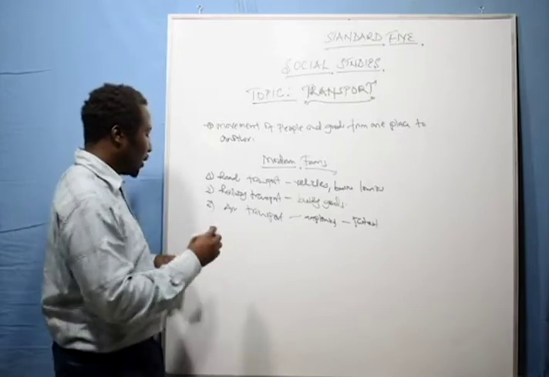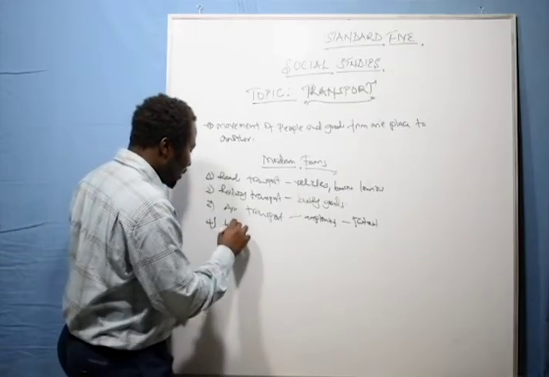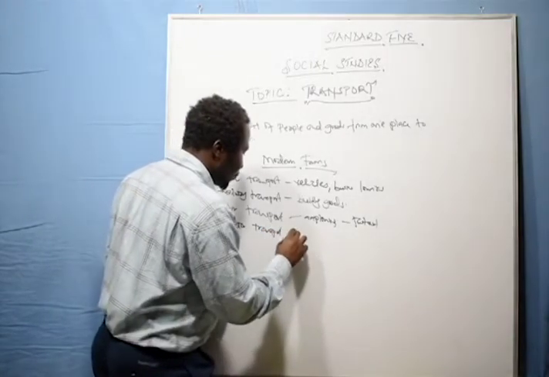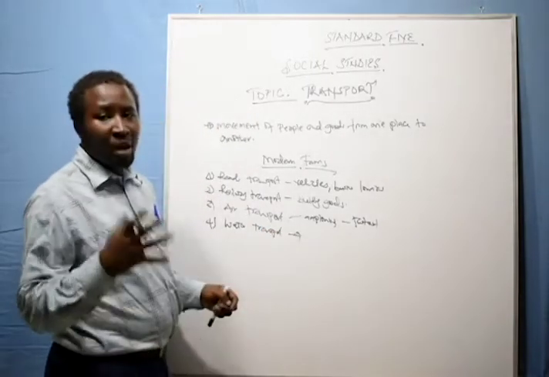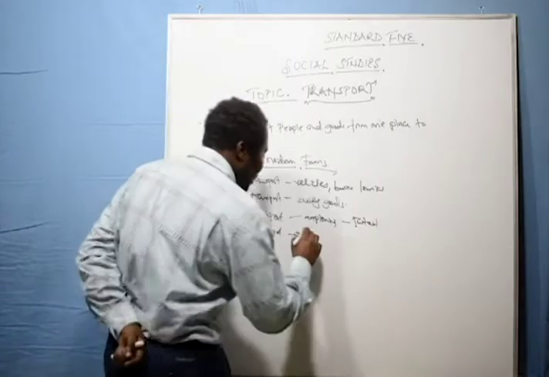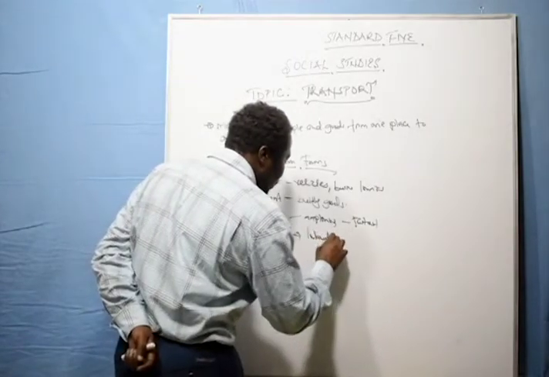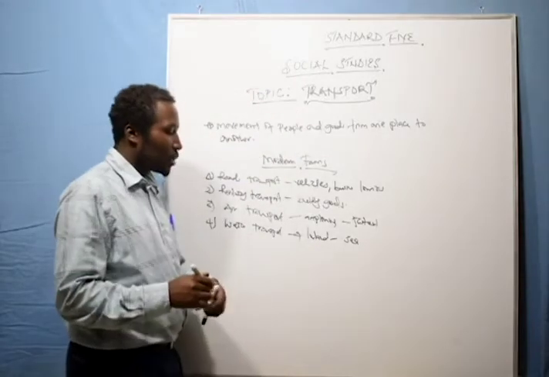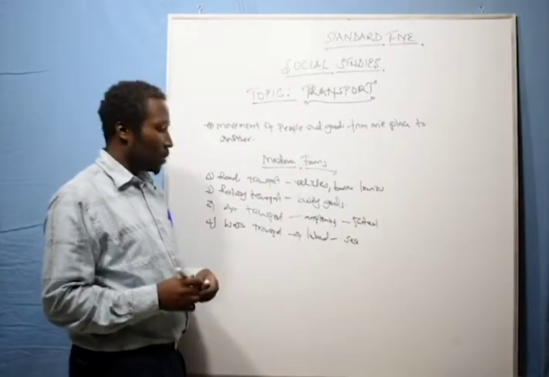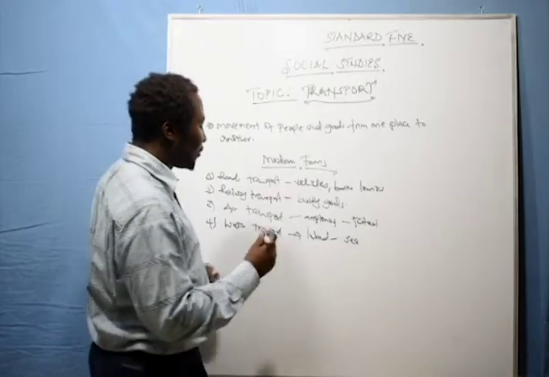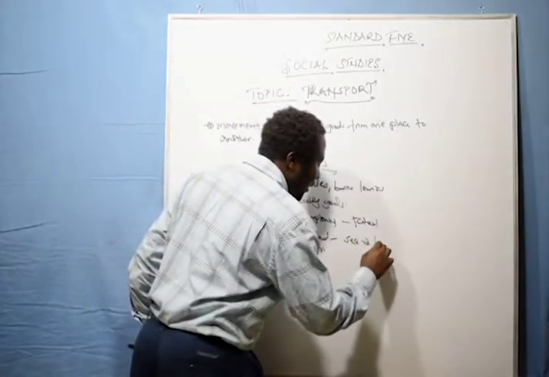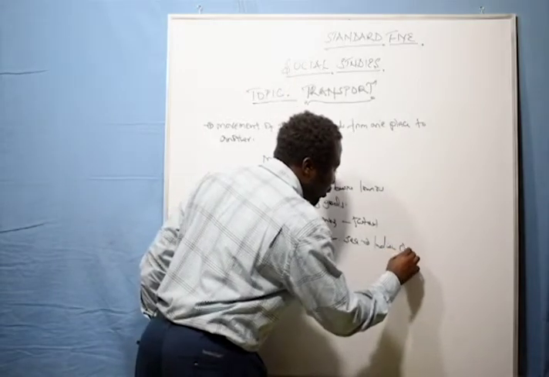Okay. Number four, we have water transport. In water transport we have two types, the inland and the sea. Inland we have Lake Victoria, and we have the Indian Ocean.